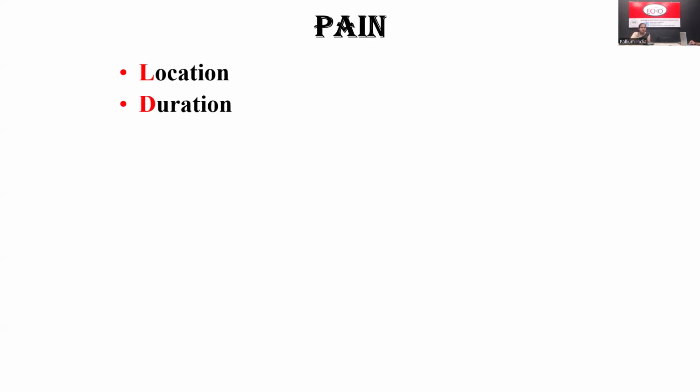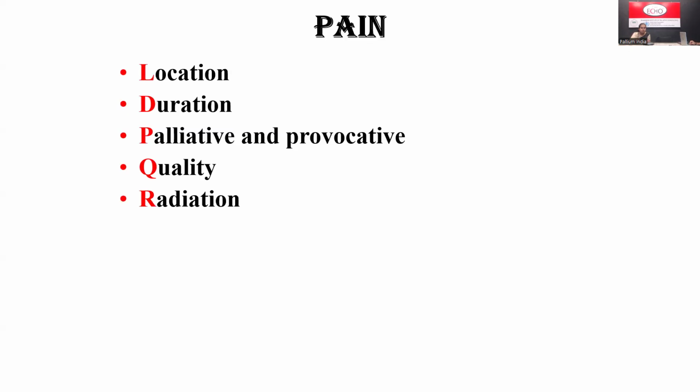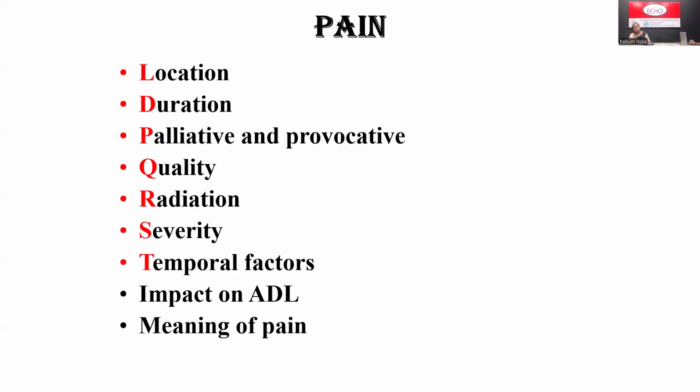So here there are some more points. Suppose a patient is telling you he is having pain in the chest region. So, what are the things you have to ask the patient?